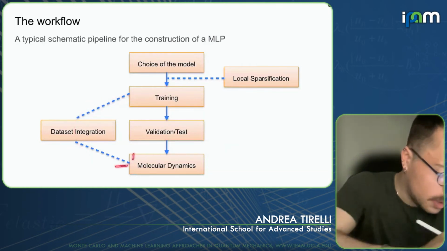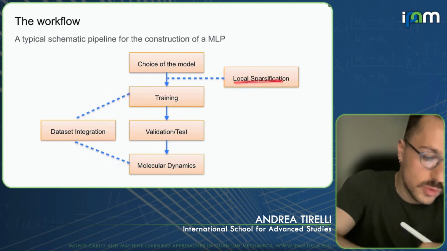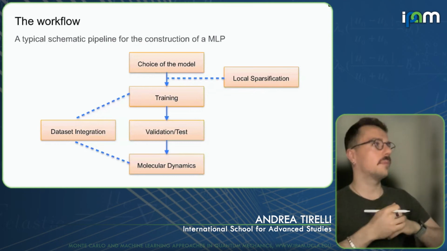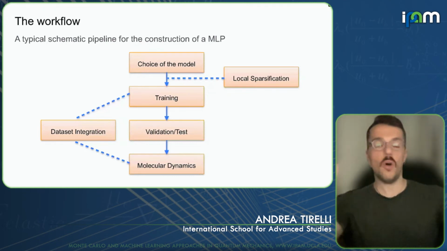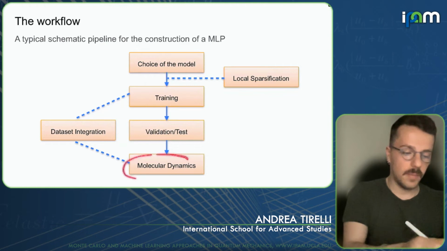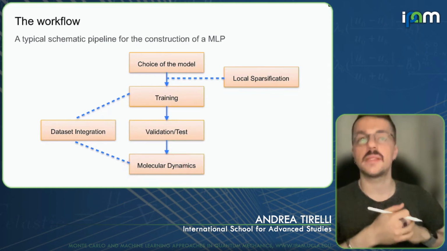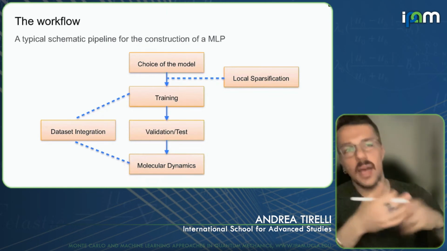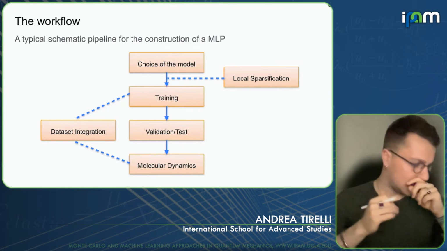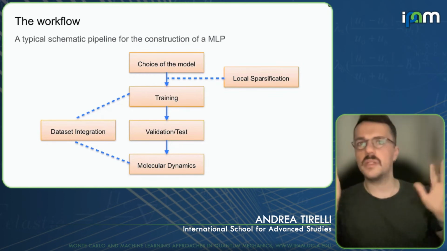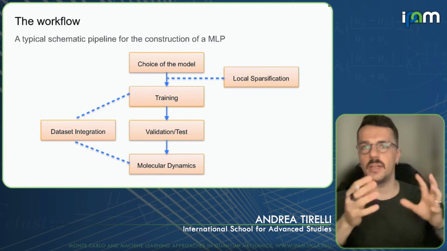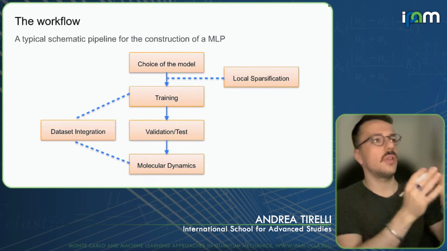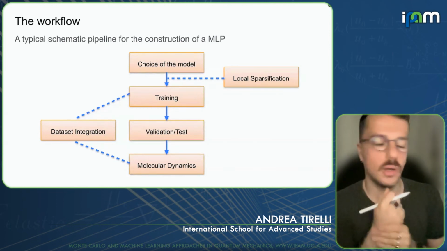And of course, performing a loop here amounts again to doing some local specification, and might end up finding out that we don't have to again perform quantum Monte Carlo on all these additional configurations that the molecular dynamics told us were unseen, or were at least, let's say, unseen by the model. So I hope this gives you a general understanding of why these local specifications should save not only on the machine learning side, but also on the quantum Monte Carlo side.